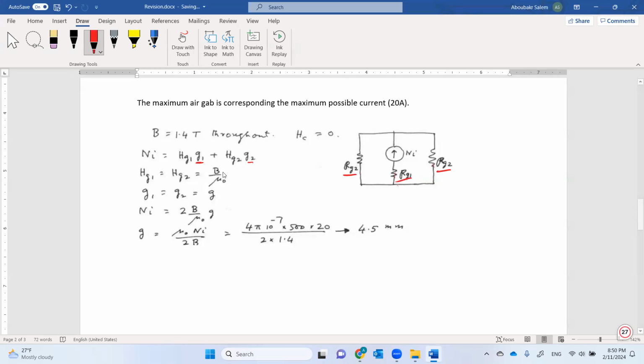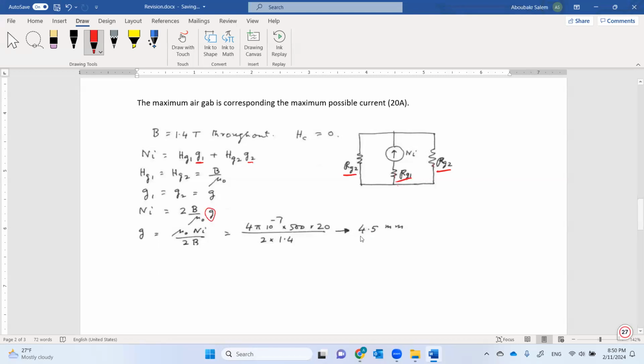And B is given as 1.4 Tesla. So we can substitute in our relation now. N equals 500, I equals 20 ampere. So this is equal now to two times B divided by mu naught times G. So guys, we can calculate the value of G required in this problem.